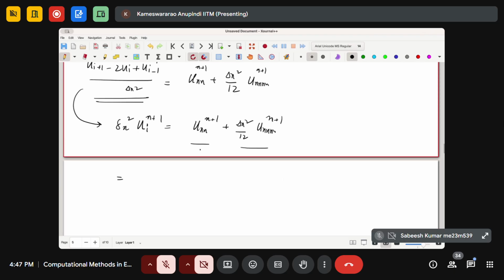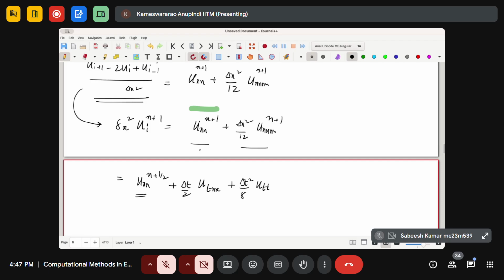Let me start with the first term here. So this is going to be u_xx at n plus half. I'm expanding the first term about n plus half. We know that n plus 1 is plus delta t by 2 away from n plus half. So this is plus delta t by 2. Then we need to take one time derivative of this function. That means instead of xx, you're going to get txx, plus you will get delta t by 2 whole square by 2 factorial. That's going to be delta t square by 8.